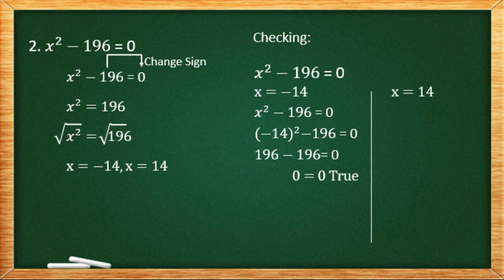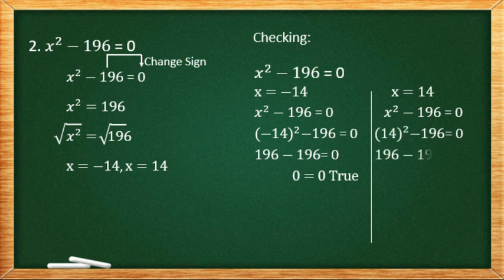Dapat papatunayan mo yung given equation is equal to 0 or saan siya equal. Dito sa example number 2, equals to 0. Same condition lang or solution. So, 14 squared is equal to 196, that's why 196 minus 196 is equal to 0. So, 0 is equal to 0. Next example.